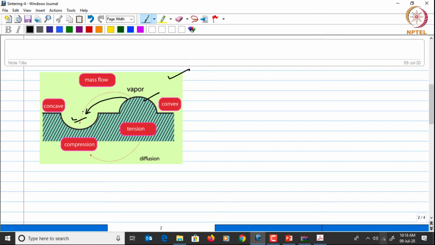So in this case, where you have both concave and convex surfaces, the vacancy concentration in the concave region is higher compared to the convex region.